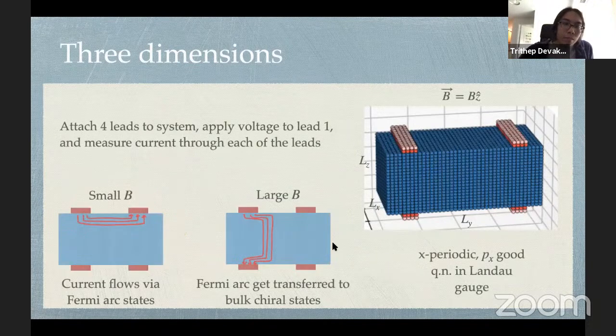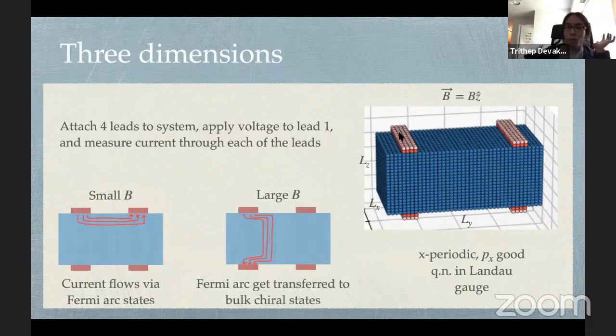So one possible setup we can have is here. We just have a slab of this material, and we just attach some leads to it, and then we can ask, suppose we put a current in the top lead here, what happens to it? Where does it go?